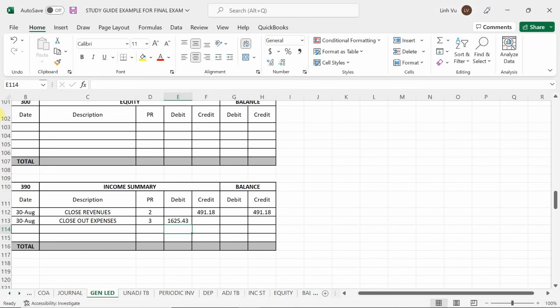So therefore, what is my account balance now? It should be 0, right? No. You have an account balance of $491.18, and you need to subtract $1,625.43.